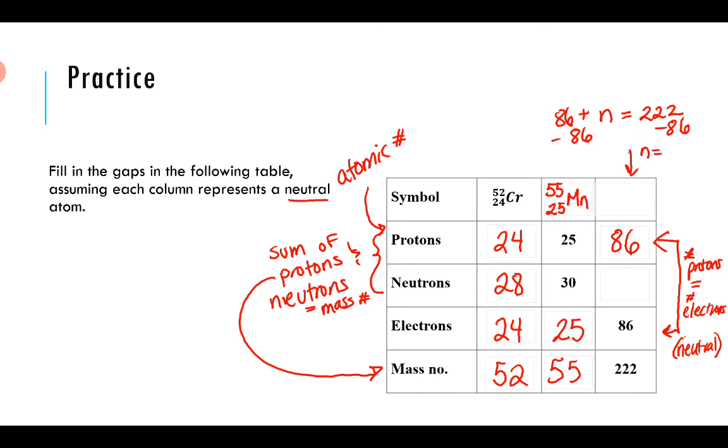And so N is equal to 222 minus 86, which is 136. And so my mass number was 222. My atomic number was 86. And so looking at my periodic table, what has an atomic number 86? And that's radon.